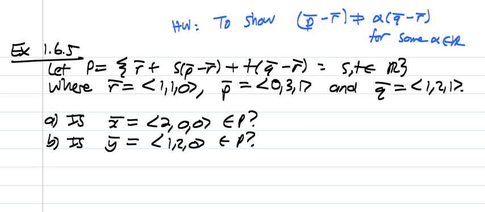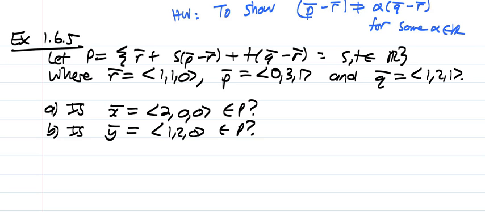Now we're going to ask the following two questions. Is the point or the vector (2, 0, 0) on plane P? And is the vector y with coordinates (1, 2, 0) on plane P? We're going to tackle both of these questions. Let's start with A. Remember, for a plane you have two parameters.